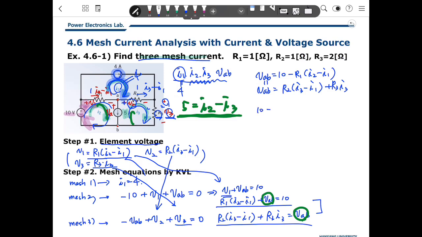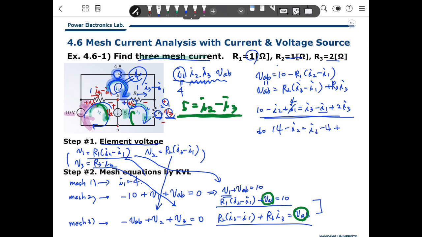So 10 minus R1, which is 1, times (I2 minus I1), equals R2, which is 1, times (I3 minus I1) plus 2 I3. I1 is 4, so 10 plus 4 is 14 minus I2 equals I3 minus 4 plus 2 I3.